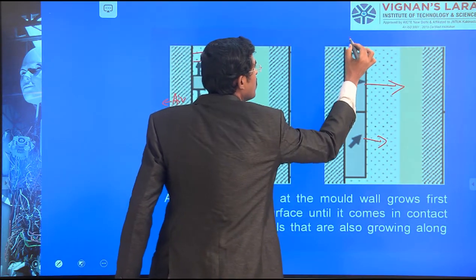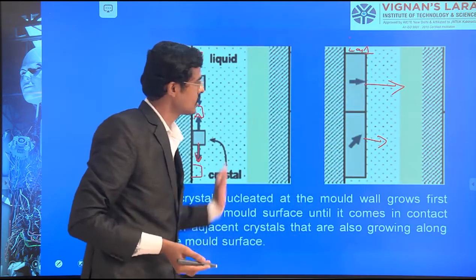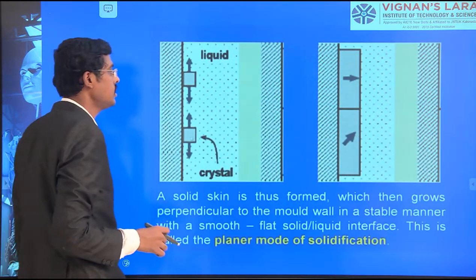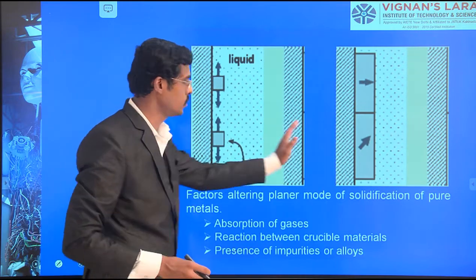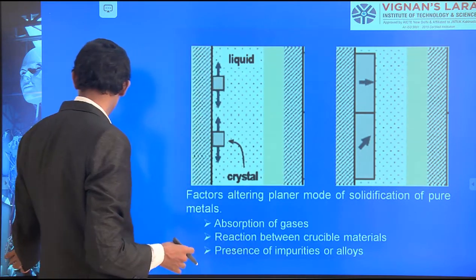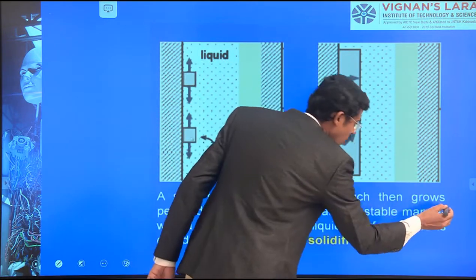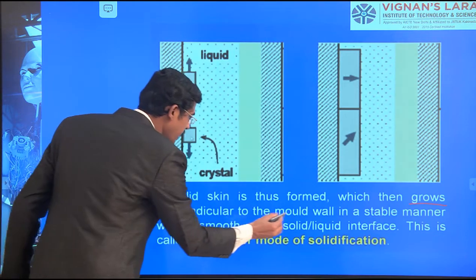This is layer 1. Then the second layer goes inside that we see. You see? This is the second layer which forms next to that. What happens there? A solid skin of this forms, which then grows perpendicular to the mold.